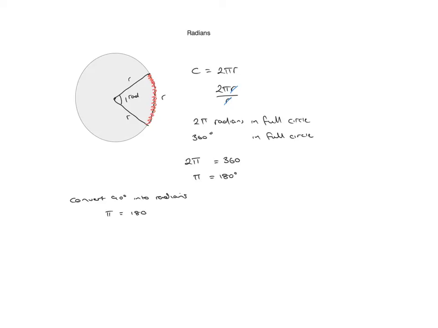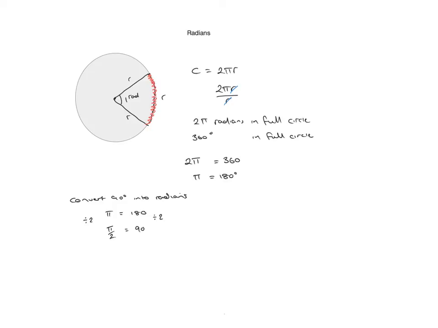I'm going to be using multiplication or division. So to get from 180 to 90, I'm going to divide by 2 on the right-hand side, which means that I have to then divide by 2 on the left-hand side using our equation laws. And if that's the case, I get pi over 2 is equal to 90 degrees. So 90 degrees in radians is pi over 2 rad.